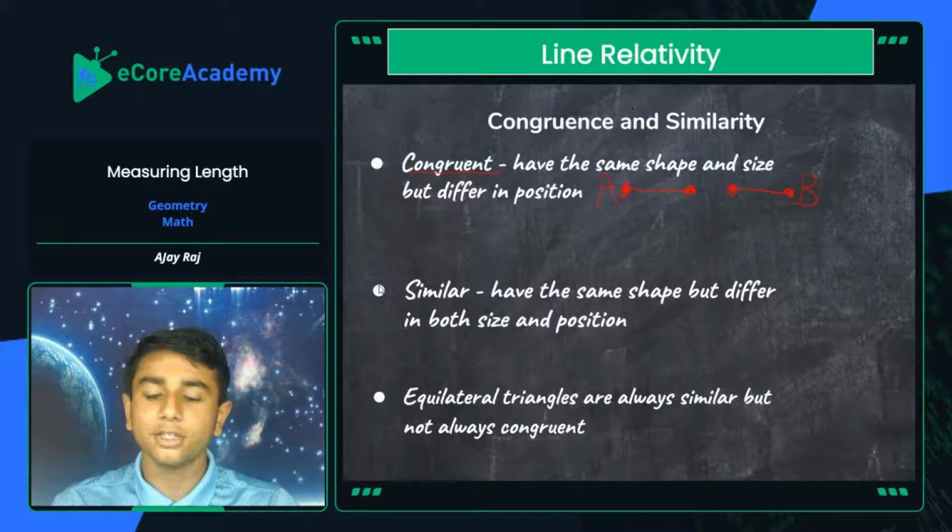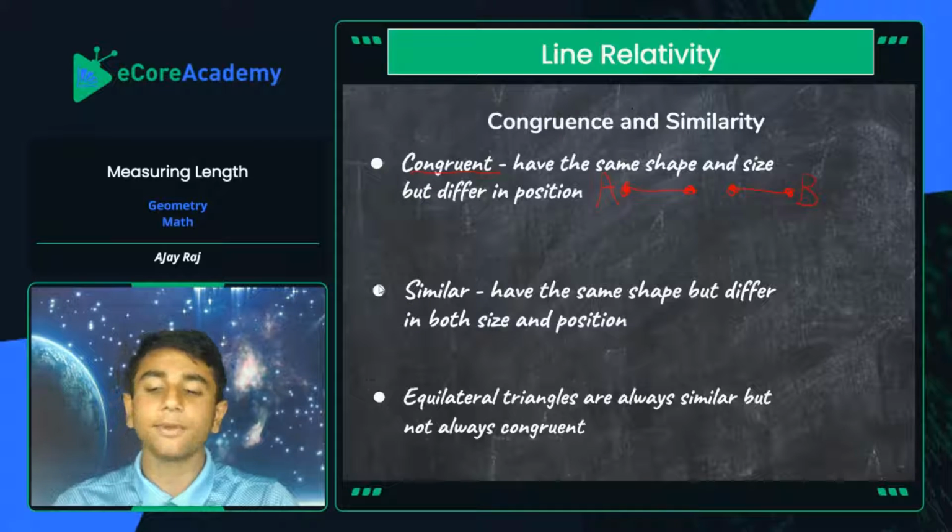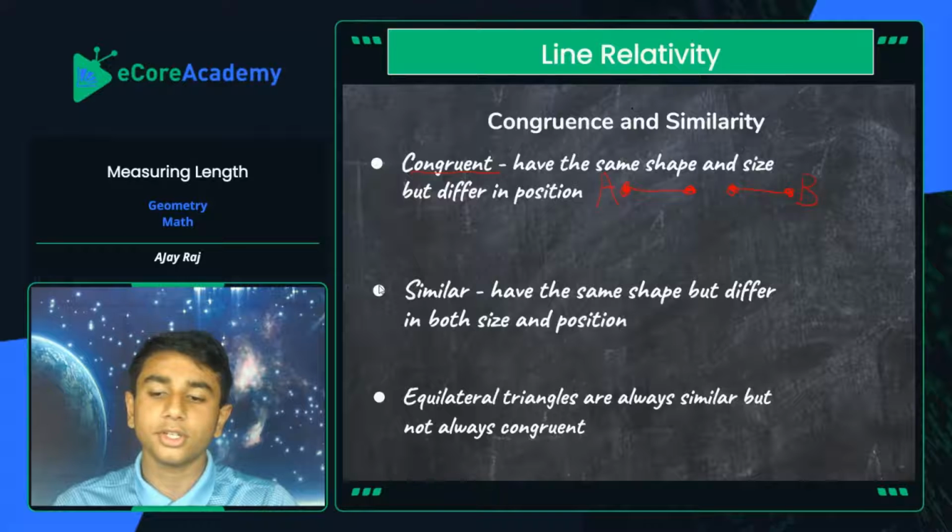If we say that these two line segments are congruent, that means line segment A and line segment B both have the same exact shape, meaning they're both line segments, and the same exact size. In relation to this problem, they would both have the same exact length.